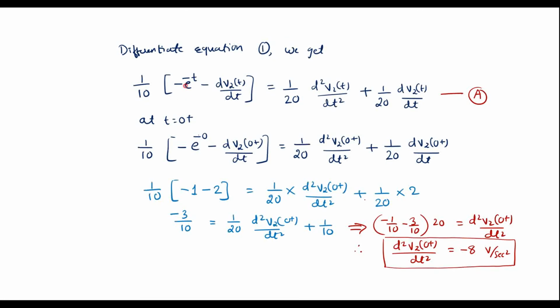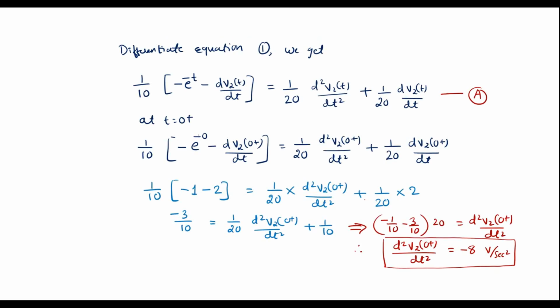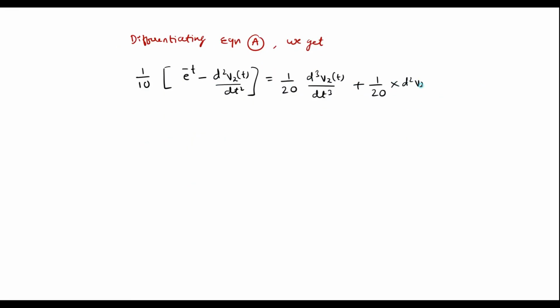Differentiation of minus e power minus t is again e power minus t. We have minus d square v2 of t by dt square is equal to 1 over 20 times the differentiation of this, d cube v2 of t by dt cube, plus 1 over 20 times d square v2 of t by dt square.